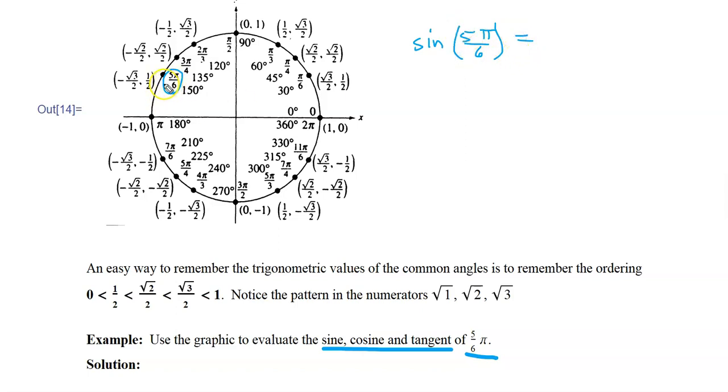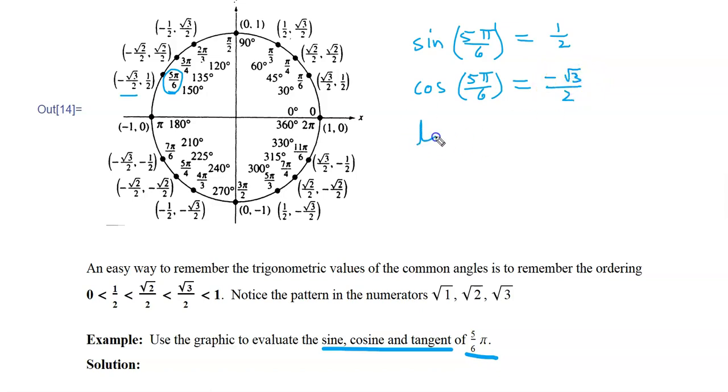That is going to be the y coordinate, which in this case is going to be 1/2. The cosine of 5 pi over 6, that's going to be the x coordinate, which in this case is negative root 3 over 2.